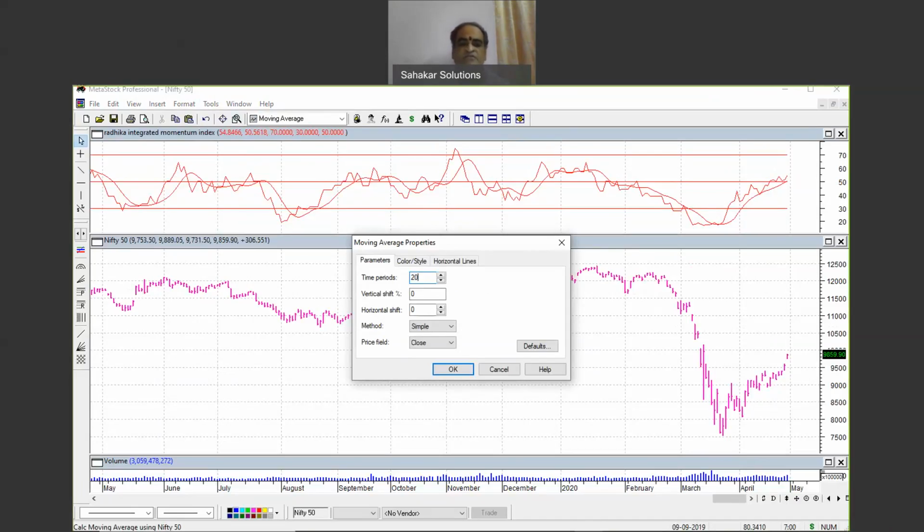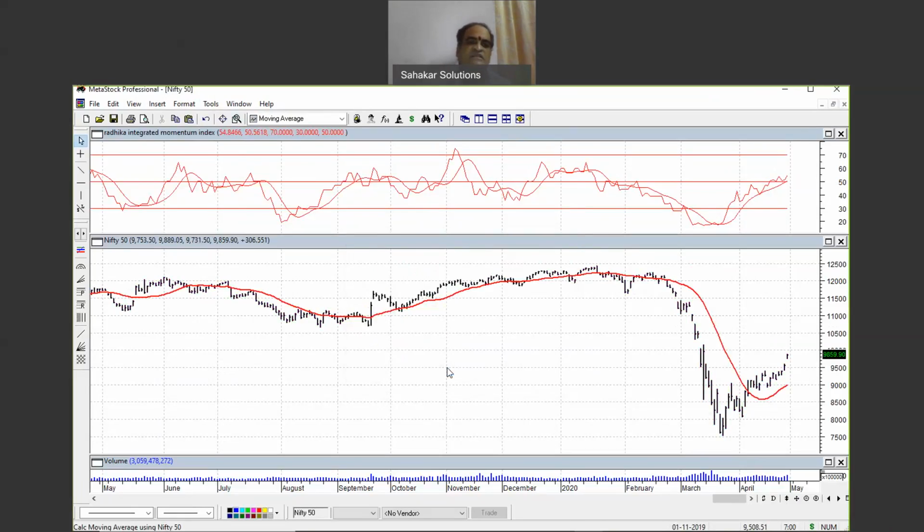We also take 20 days moving average. For visibility's sake, I will increase the width of the line so that it becomes more clear and visible for us. Here it is. Now you can see very easily when price moves up the moving average line, it is giving a better opportunity for us compared to the trend line, so that we hold on to the position for a longer period than the trend lines.